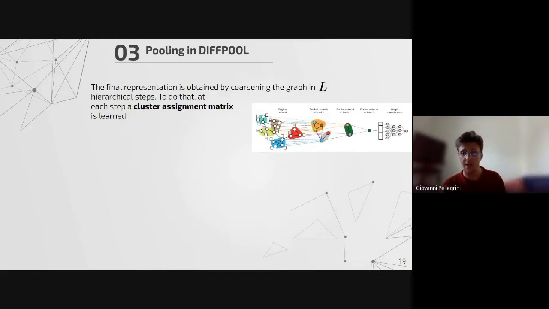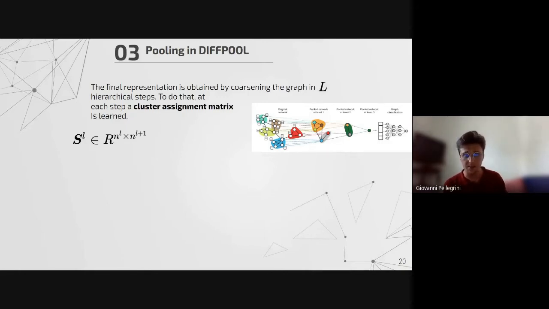And at each step, we are going to learn how to cluster these subparts of the graph. So in order to perform this cluster assignment, we need a cluster assignment matrix, which is a matrix of this form, S L.